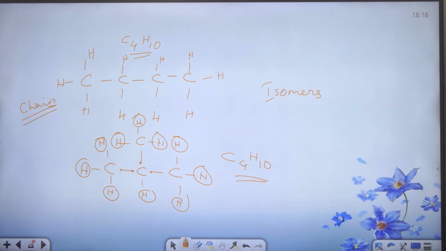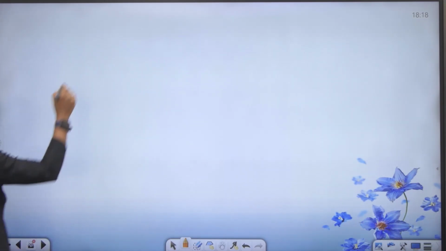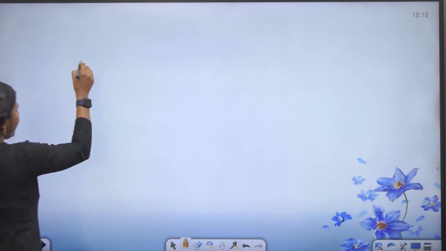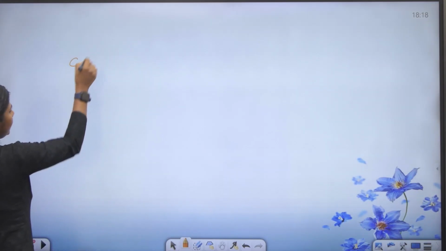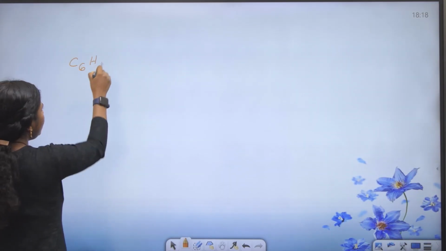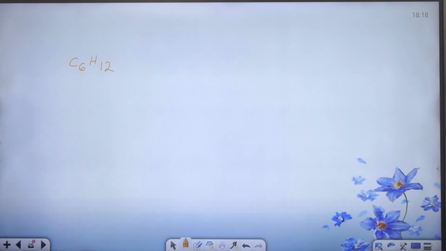In some cases, some compounds have carbon atoms arranged in the form of rings. For example, cyclohexane. C6H12 is cyclohexane.